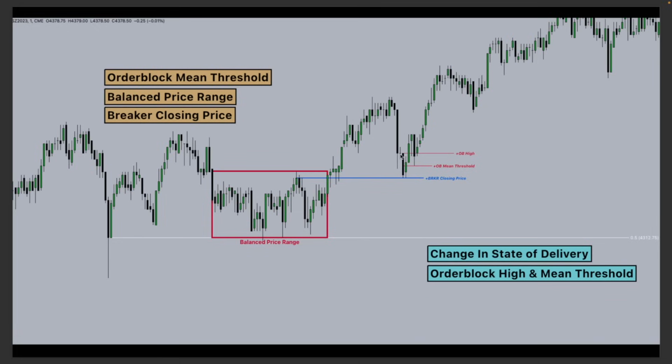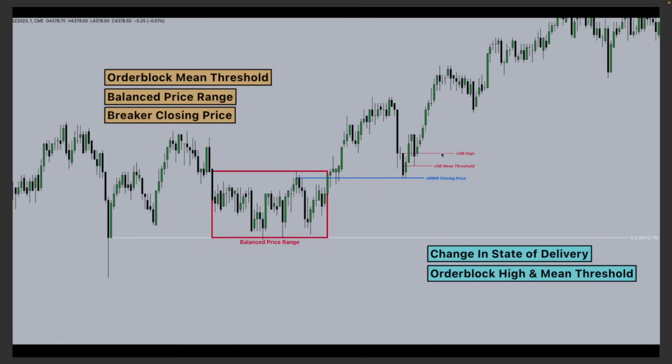So using all of these algorithmic signatures, this is how you can predict, this is how you can expect these PD arrays to fail. Okay, so we're going to keep going further into this, a little more advanced, but see how it all comes together.